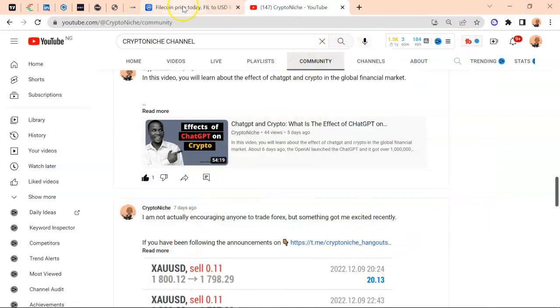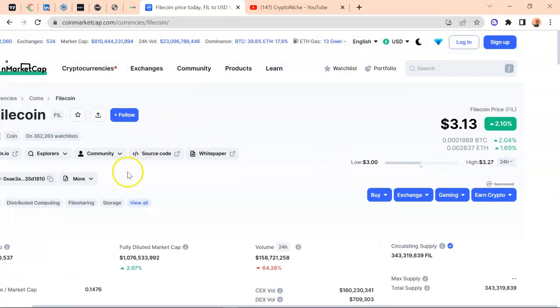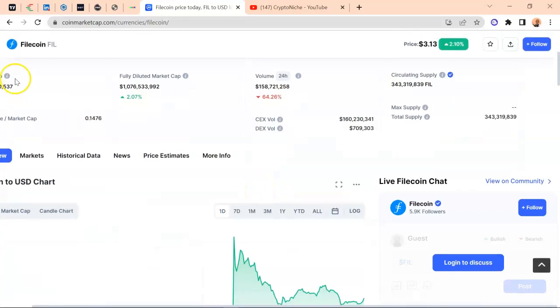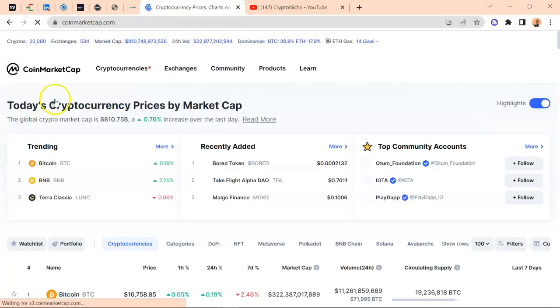So I told you I was going to look at some other details on Filecoin and why it's a big deal when you're talking about a decentralized storage system in the world today.